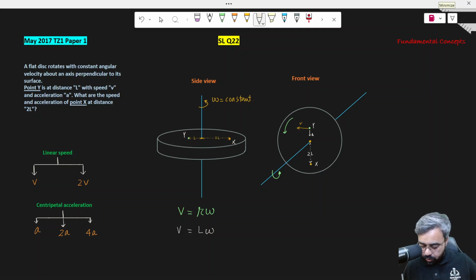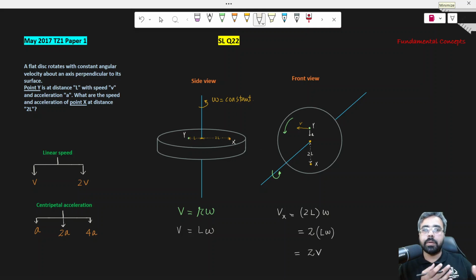For x, it should be equal to 2L into omega, that is 2 into L omega, which we can write as 2 times v. It means that any object you place at point x will have more probability to move out of the disk, because its tangential velocity is 2 times more.